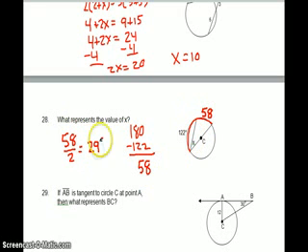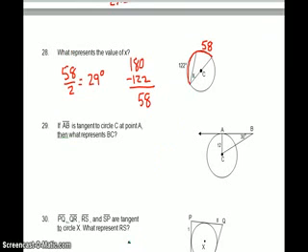29 degrees. Number 29. If AB is tangent to circle C at point A, what represents BC? Well, this is another right triangle, and if this is 30, this will be 60 over here.